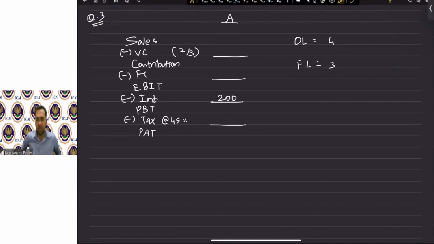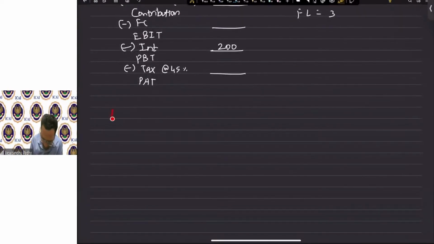Is it operating leverage or is it financial leverage? Financial leverage, right? So let's use the financial leverage number.